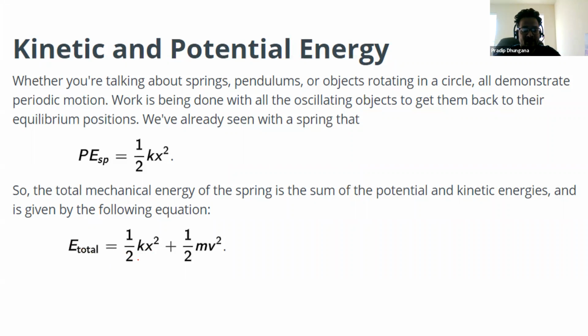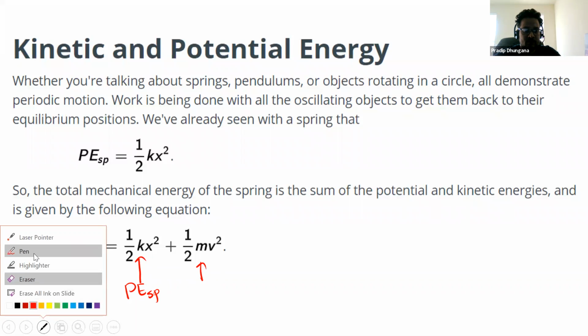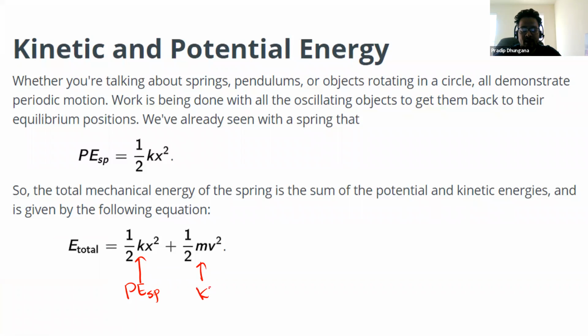That is, E total is PE spring, the potential energy of the spring, plus KE spring, the kinetic energy of the spring. In that way, we can calculate the total energy of the spring.